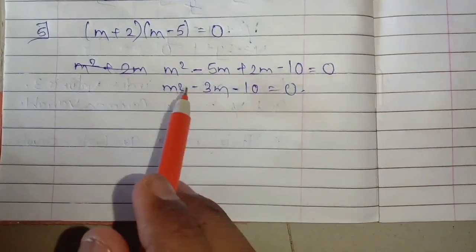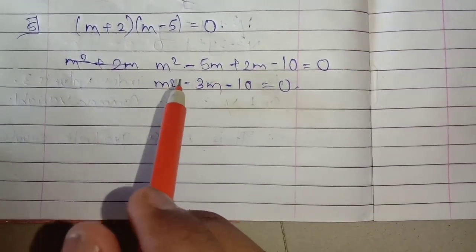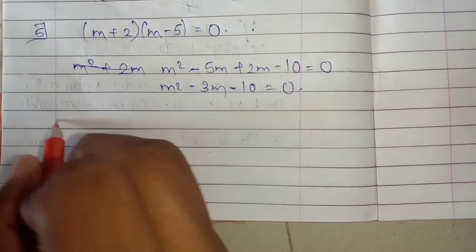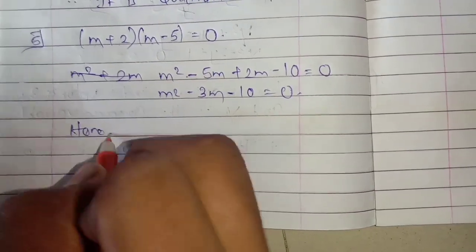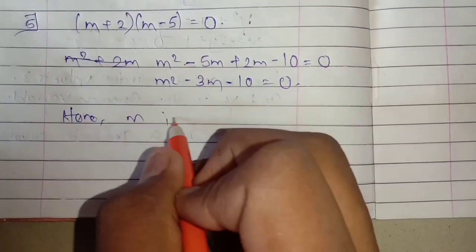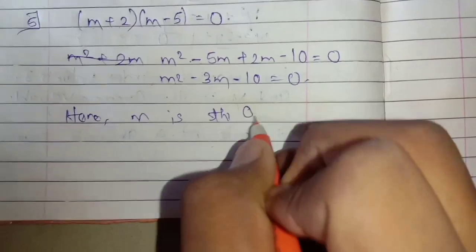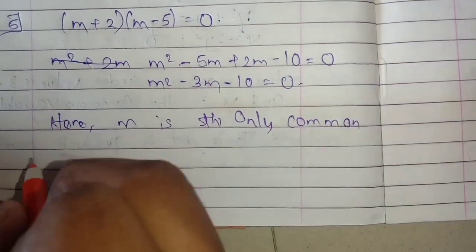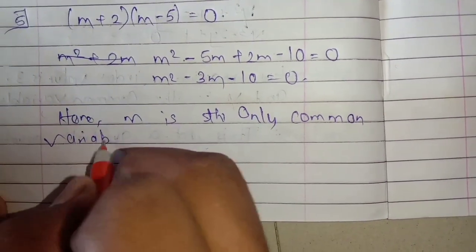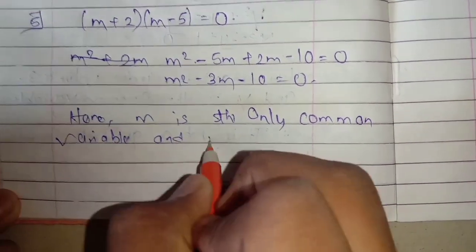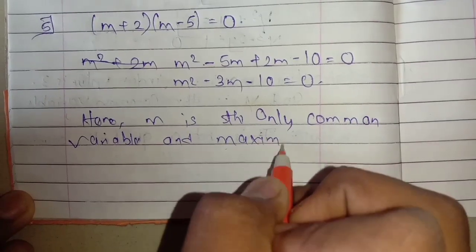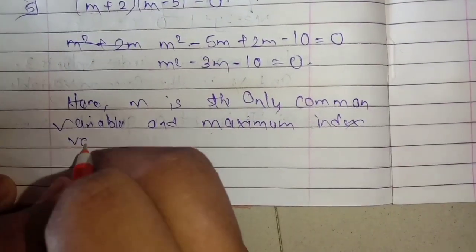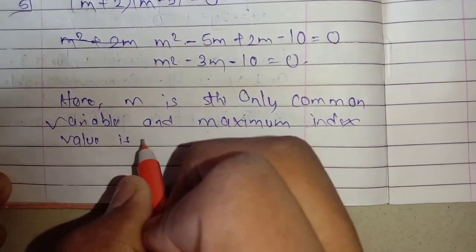So as we know, the maximum index value is 2, and m is the common variable. So here m is the only common variable, and maximum index value is 2.